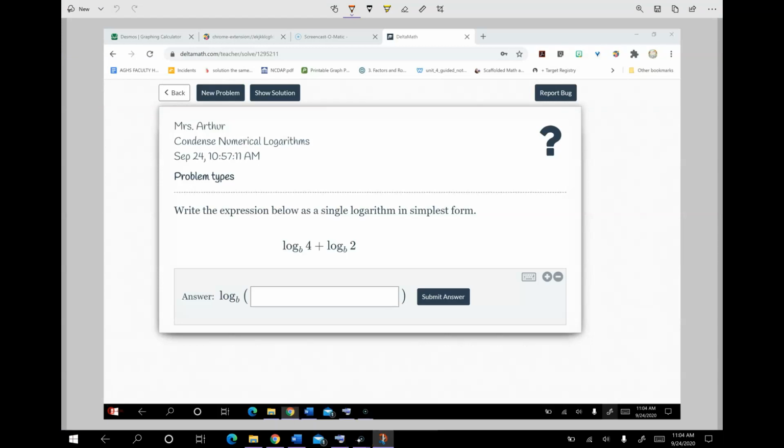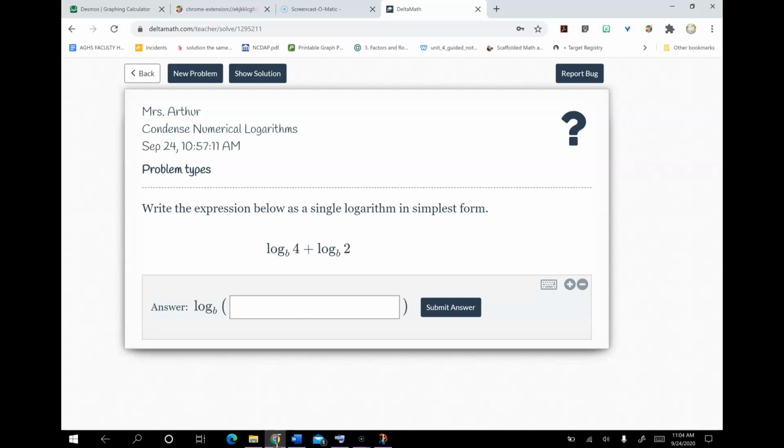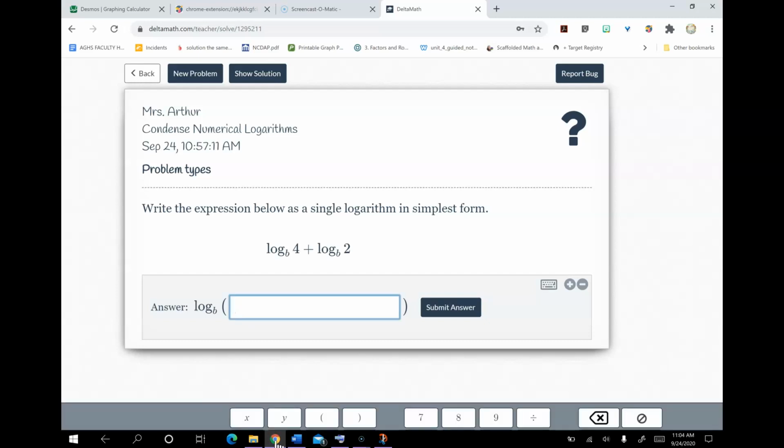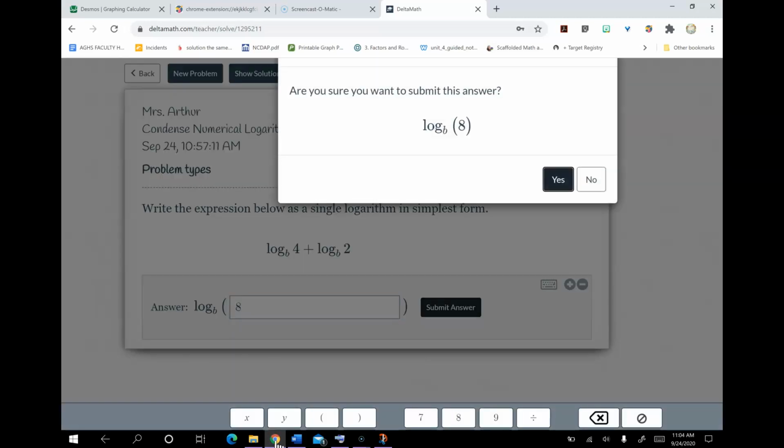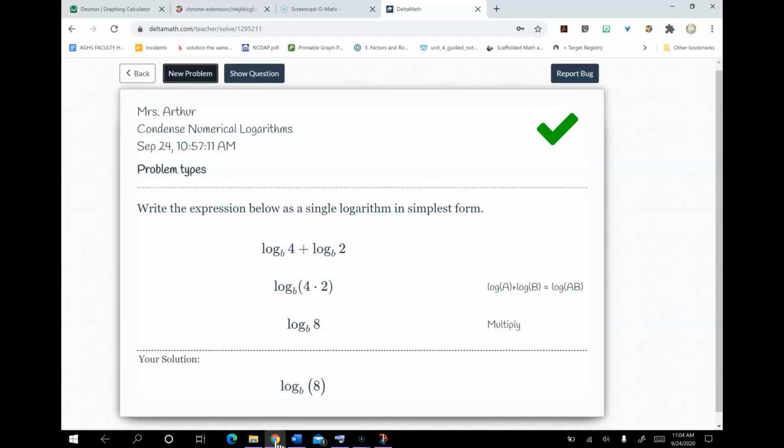They're being added, so that means I'm going to multiply them. So I have log base b of 4 times 2. Well, Delta Math actually wants you to say the 4 times 2, so my answer is really going to be log base b of 8. So when we go back to Delta Math, what you're going to type in is 8. Okay, that's what Delta Math wants you to do.